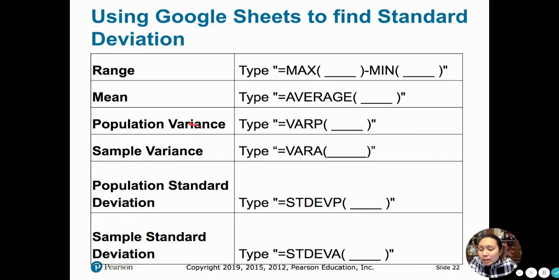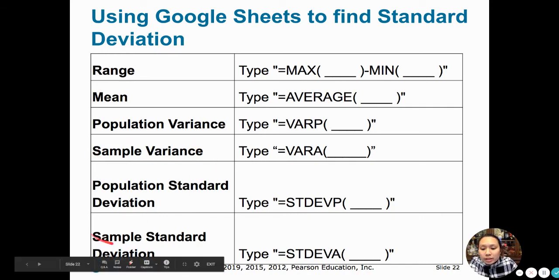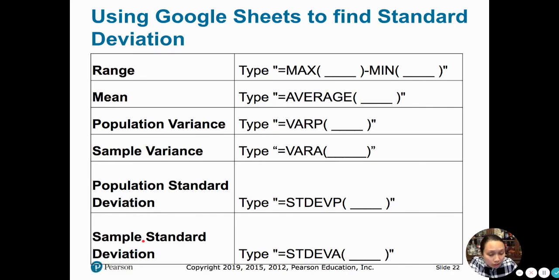Now, the other thing I wanted to mention is that you can see here we have population variance as well as population standard deviation. The reason why I didn't mention these in the notes is because typically we are almost always working with your sample variance. In other words, we are taking a sample of our study group or our study population, whatever it is that we're trying to do a study or a survey on.